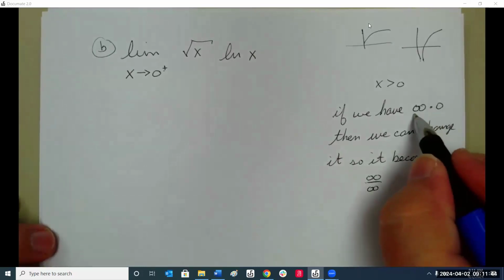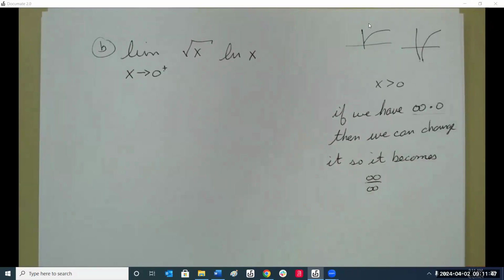We can convert it from infinity times zero to zero over zero or infinity over infinity. Infinity over infinity is a lot easier for us to work with because then the derivatives are much easier.